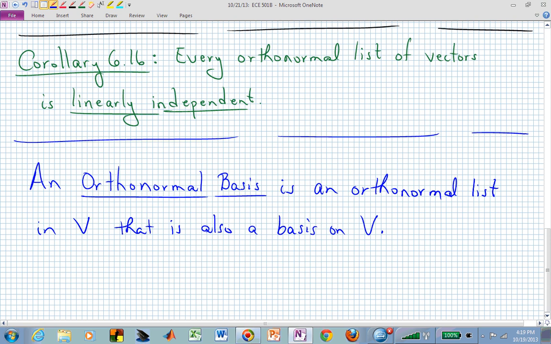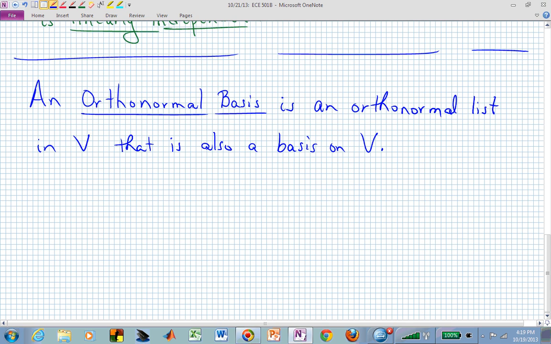We have vectors that are linearly independent, they have to span the space, and we have to have as many of those vectors as the dimension of our underlying space.